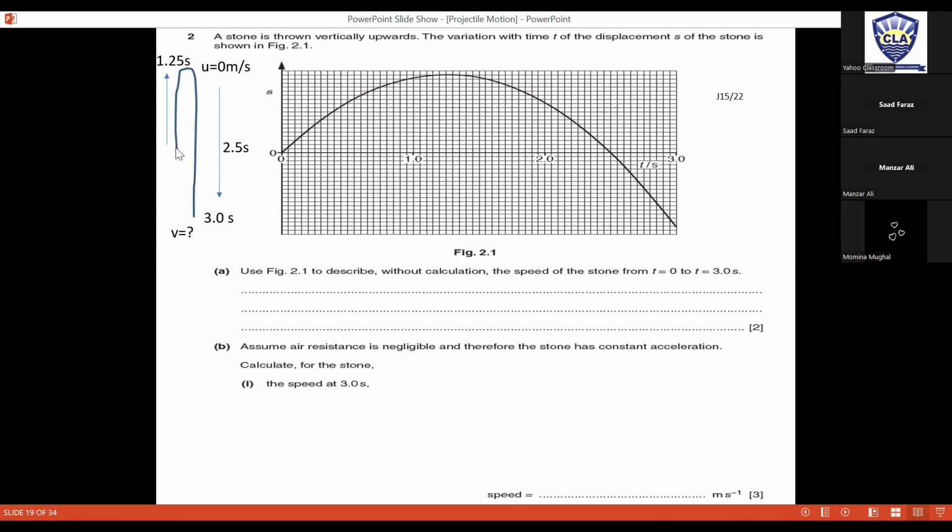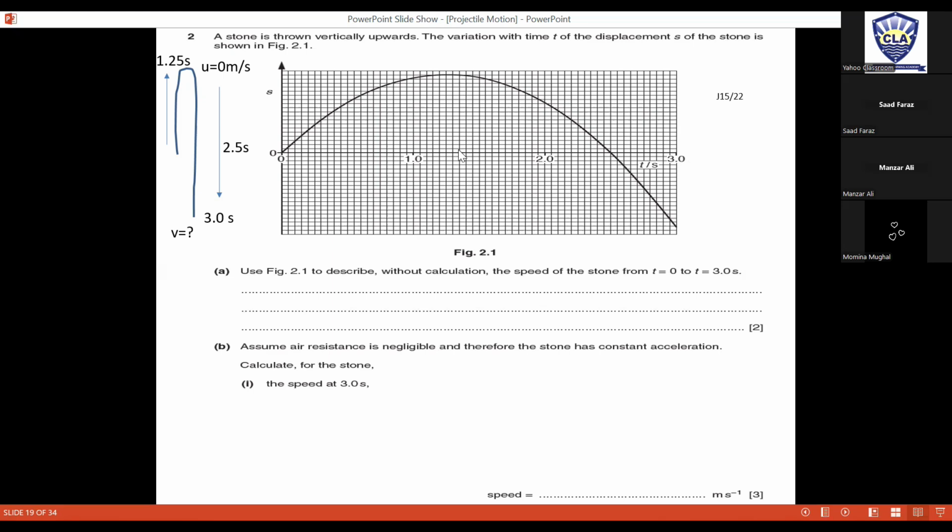It starts from the ground, goes to a maximum height, and then again it falls down and hits the place which is below that up to 3 seconds. So from the graph, I can see that it reaches the maximum height at 1.25 seconds. At that instant, velocity will be zero.